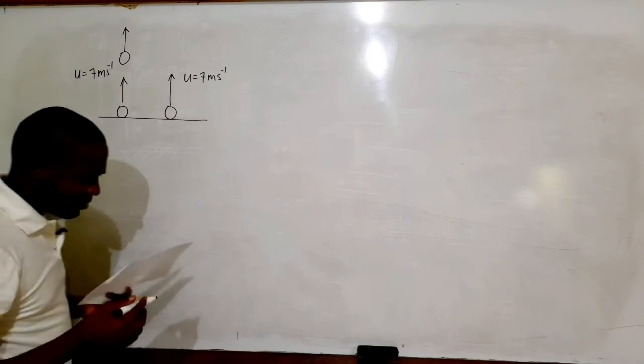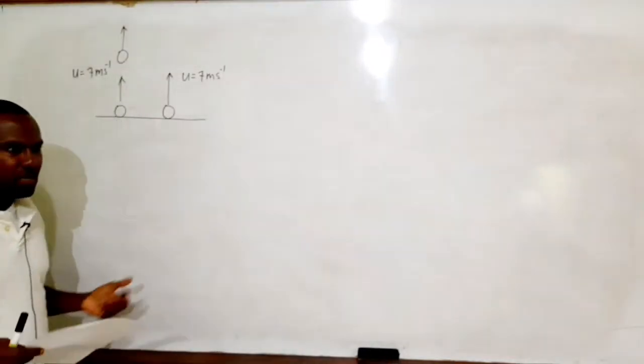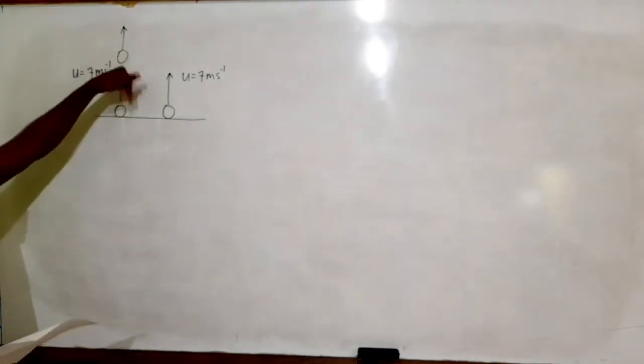Now, it is highly likely that they will meet after the first stone has reached its maximum height and is now on its way down, because obviously the two stones are projected with the same velocity. So with everything else being equal, they will never catch each other until this first stone starts to come back down.